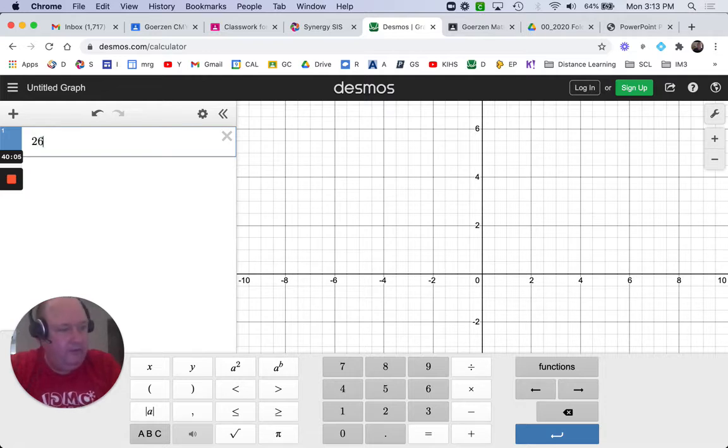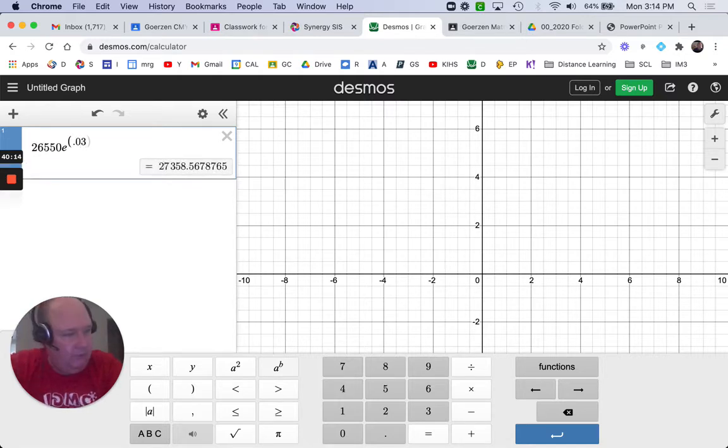So it's 26,550 e to the exponent, parentheses, 0.0315 times 20. So his salary would be $49,850.56.